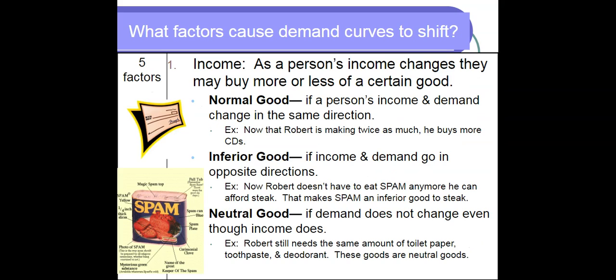An inferior good is if income and demand go in opposite directions. So, if you're making more money, higher income, your demand for inferior goods will go down. If your income decreases, your demand for inferior goods would go up.